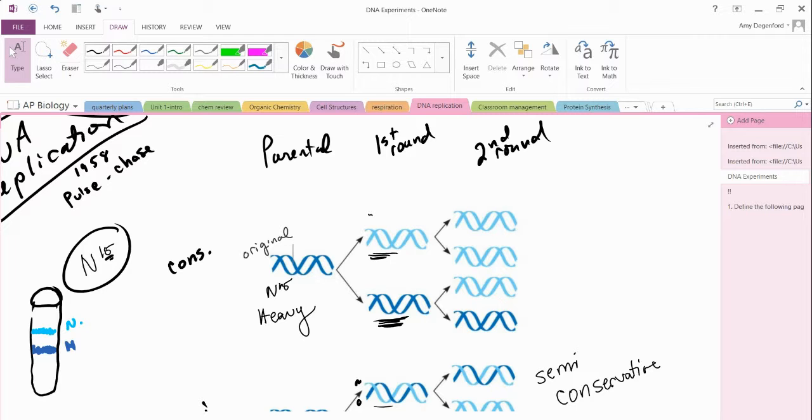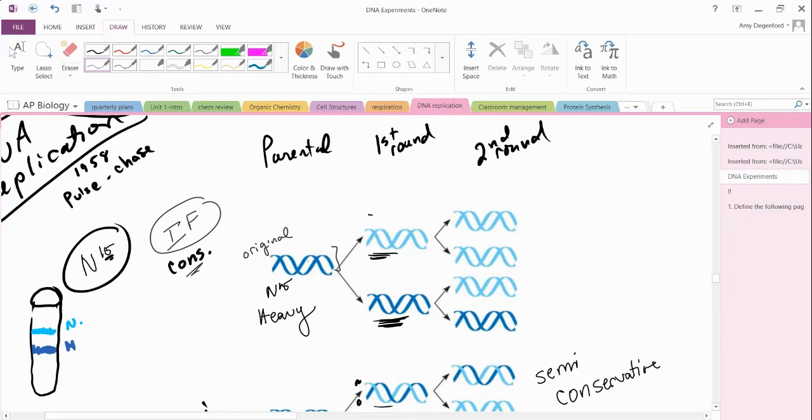You would notice that the house is much darker at the bottom of the foundation, and then as they build the house, it turns lighter. If you have that idea in your mind, that's exactly what they did. They transferred the bacteria to the normal nitrogen, N14. So let's follow the logic. If, and that's a big if, it's conservative, then think about what we'd see.